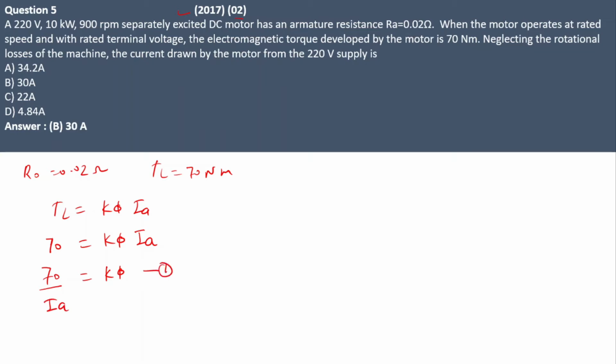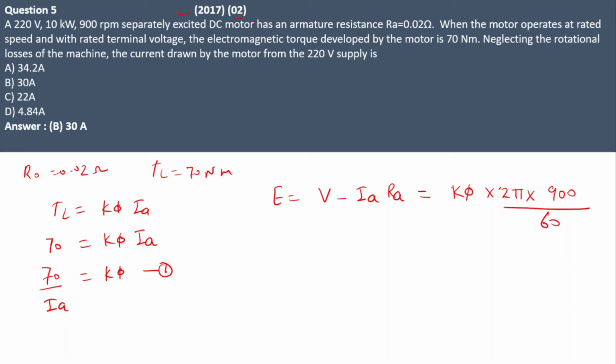Another thing, you know, back EMF, this is a separately excited DC motor, equal to V minus Ia into Ra, equal to, this is proportional to K phi omega. So K phi omega, where omega equal to 2 pi N by 60. N how much? 900 rpm, divided by 60.